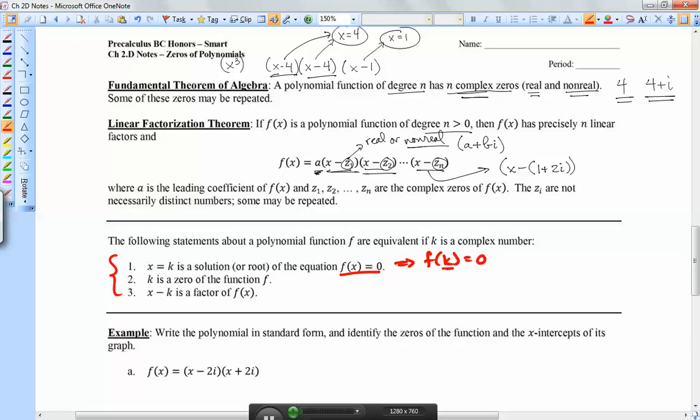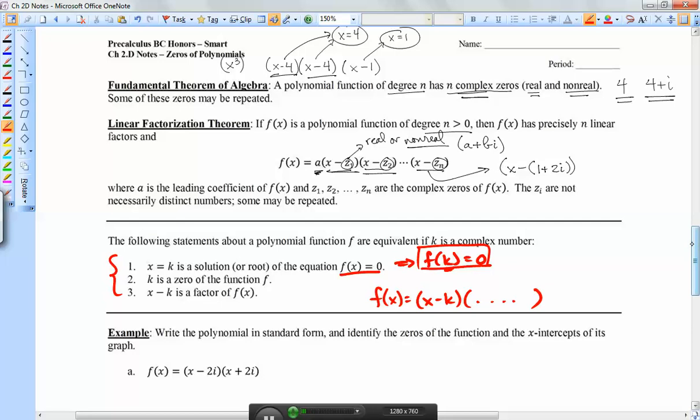And we've been referring to this as a zero of the function, which is what 2 says. And if it's a zero of the function, then you know that you can write the function as x minus k times something else with no remainder, because the remainder is 0. Remember, the remainder theorem says that if f of k equals 0, the remainder when you plug in k is 0. So those things all say the same thing.